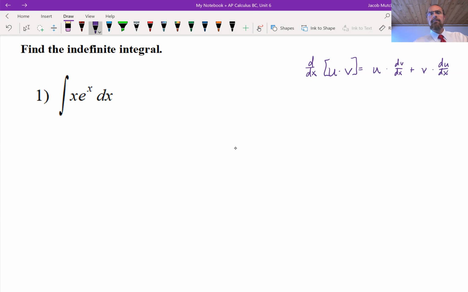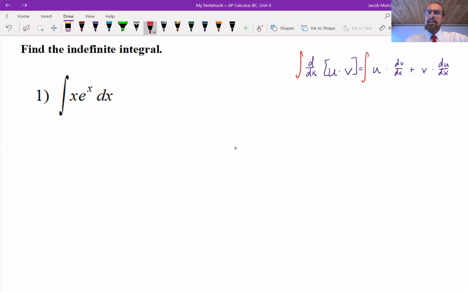Now, to arrive at the rule that we would use for integrating by parts, I would integrate both sides of this product rule. So I'd integrate that left side, and I'd also integrate this right side. And then what we want to do is solve at that point, simplify.